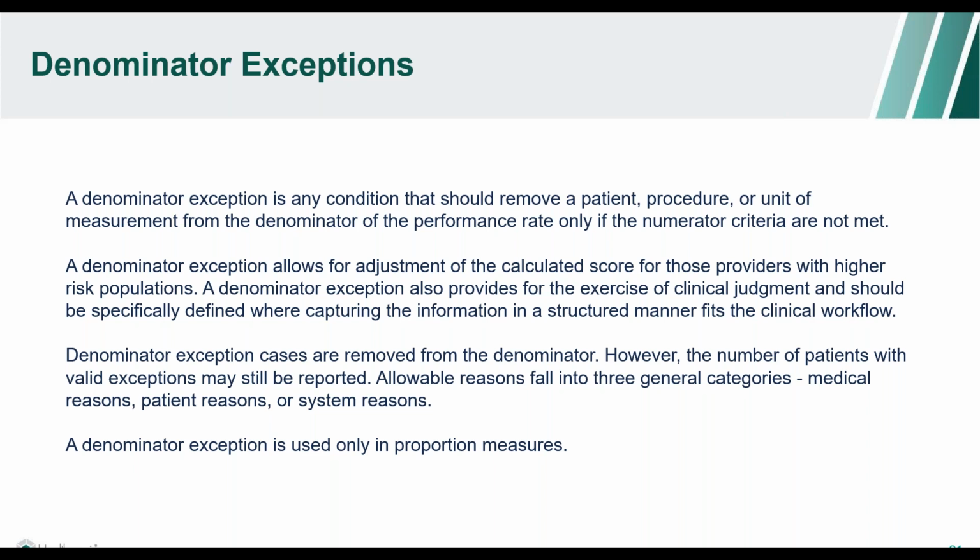So this step in the process allows for the adjustment for performance for providers who in general have a higher risk population. It also allows providers to have a say if their patient truly does require that numerator quality action. So while these patients are removed from the denominator, they are still reported. And the general categories for exceptions tend to be medical reasons, patient reasons, or system reasons.